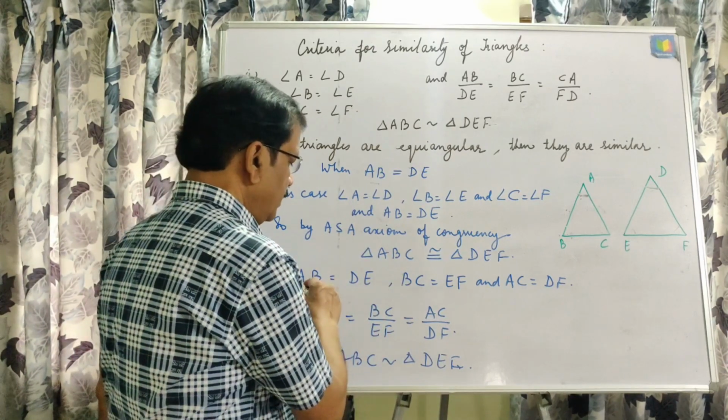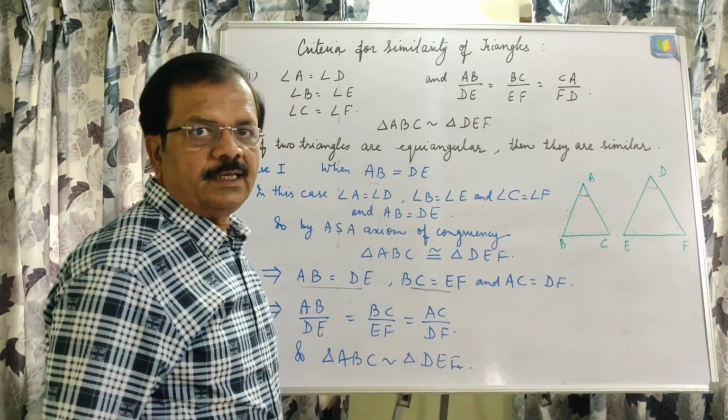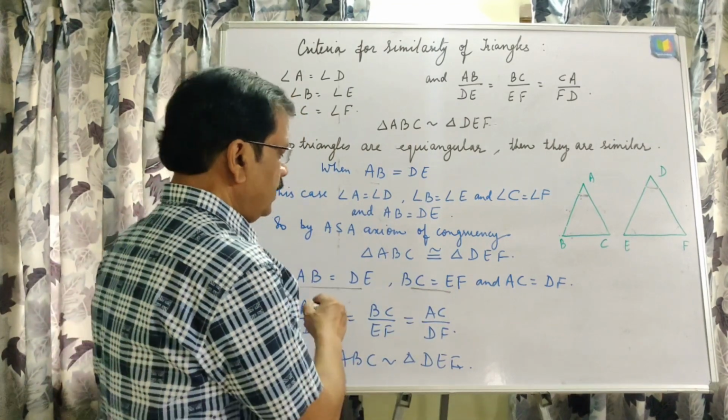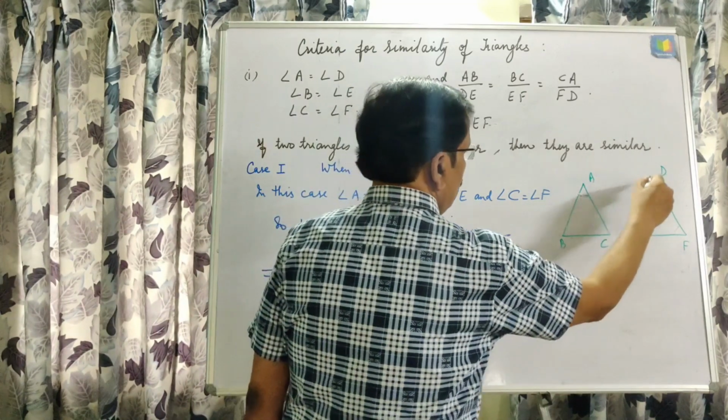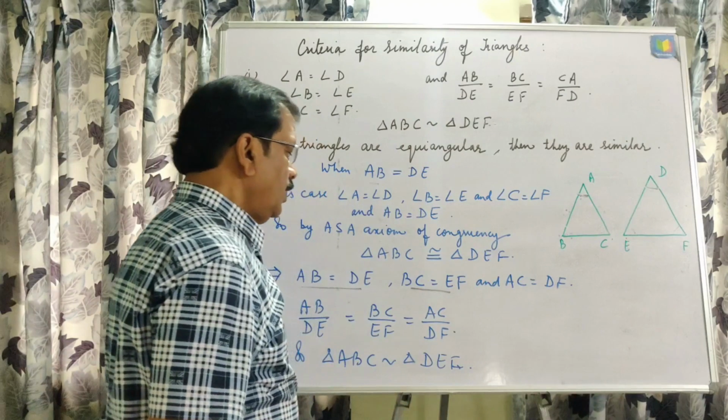Then their corresponding sides will be equal by CPCT. That is, AB is equal to DE, BC is equal to EF, and AC is equal to DF.